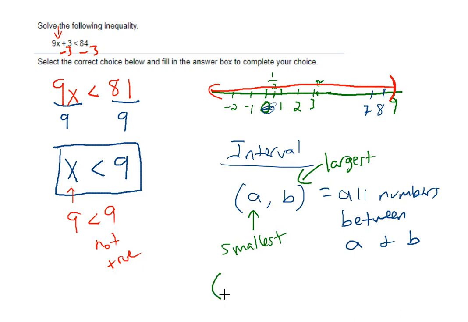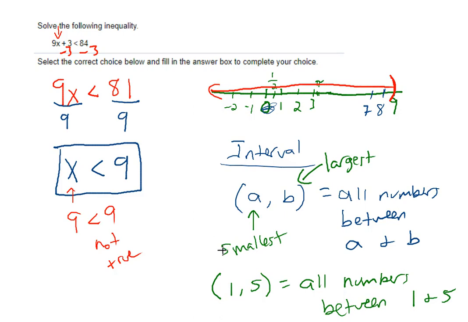So for example, if I say 1 comma 5, I'm talking about all the numbers between 1 and 5. So that would include 2, 3, 4, pi, 1.5, 4.5, 4.9, all the numbers between 1 and 5, decimals, fractions, whatever. So that's how interval notation works.